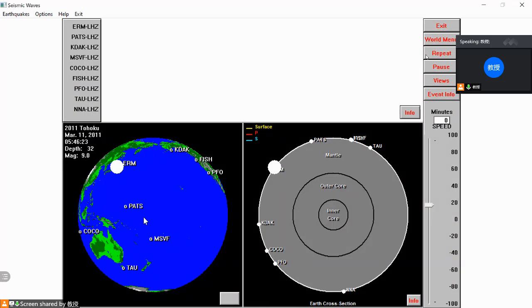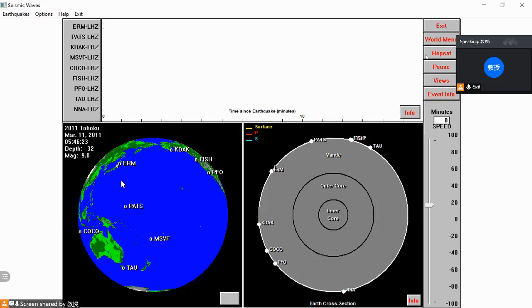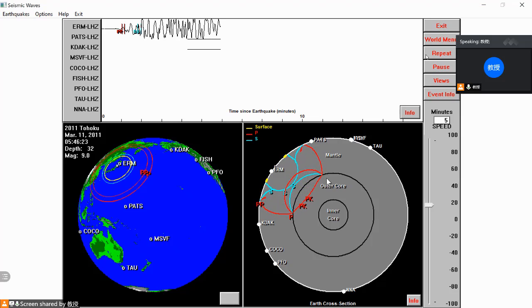So the earthquake occurs, then you see the wave propagation, and on top, it's the record at different stations. You can see the P waves go first, and then you can see the different refractions and reflections in the Earth.